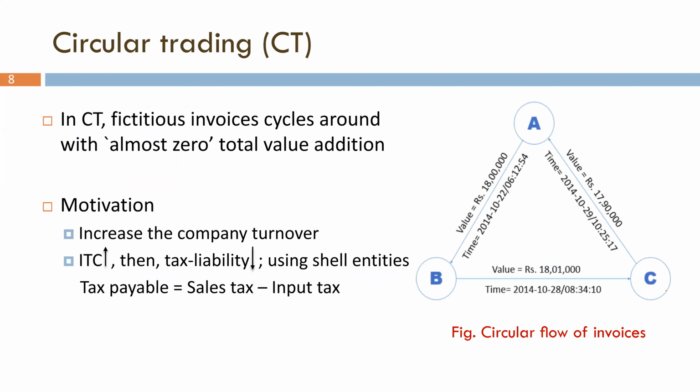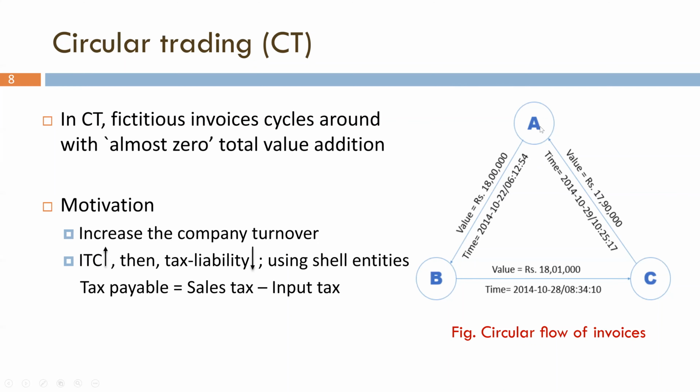So let's see what circular trading is and what the motivation behind it is. In circular trading, invoices are doctored. There won't be any flow of goods as such, but the dealers will be producing invoices just like that. Specifically in circular trading, the invoices will be cycling around without any value addition.